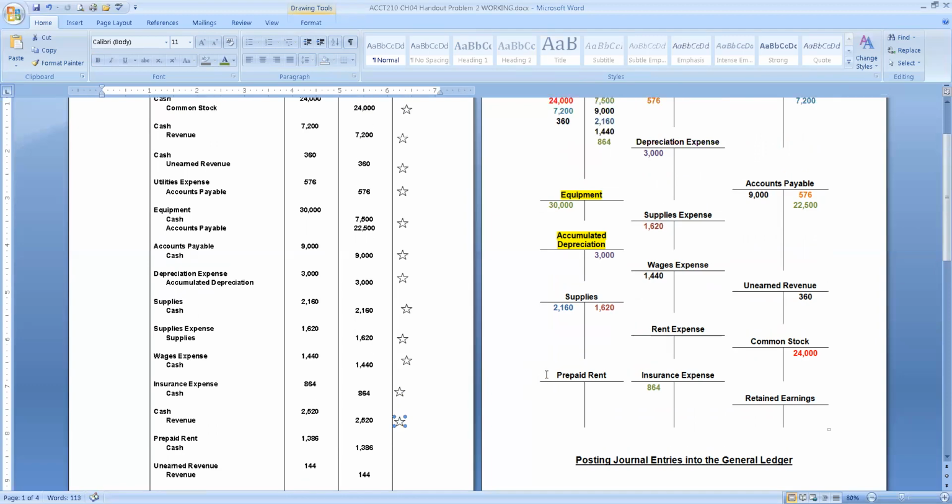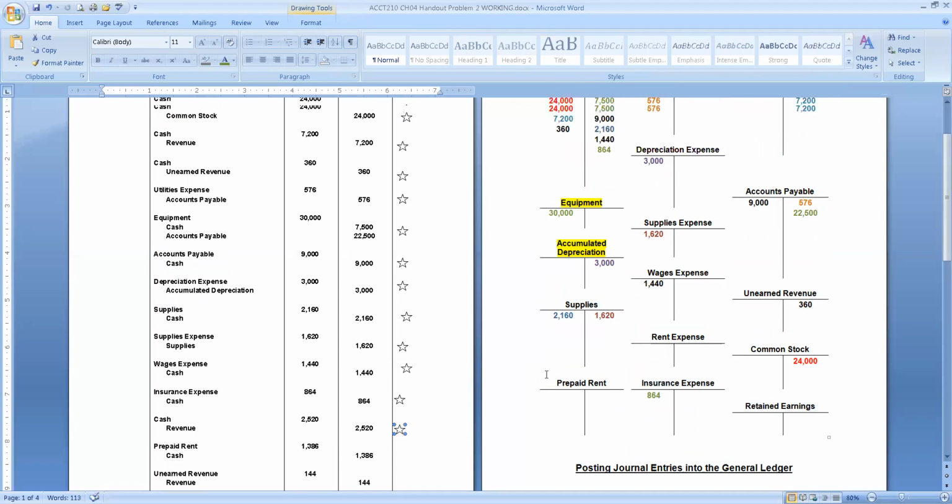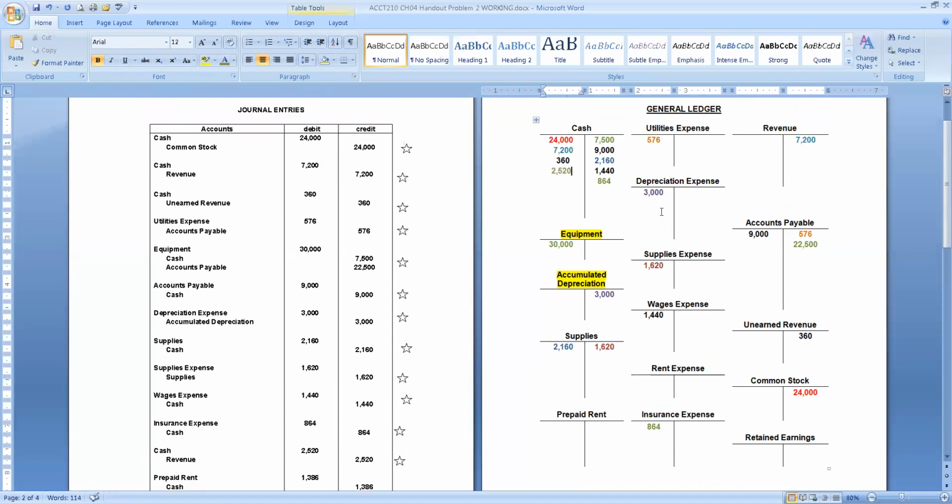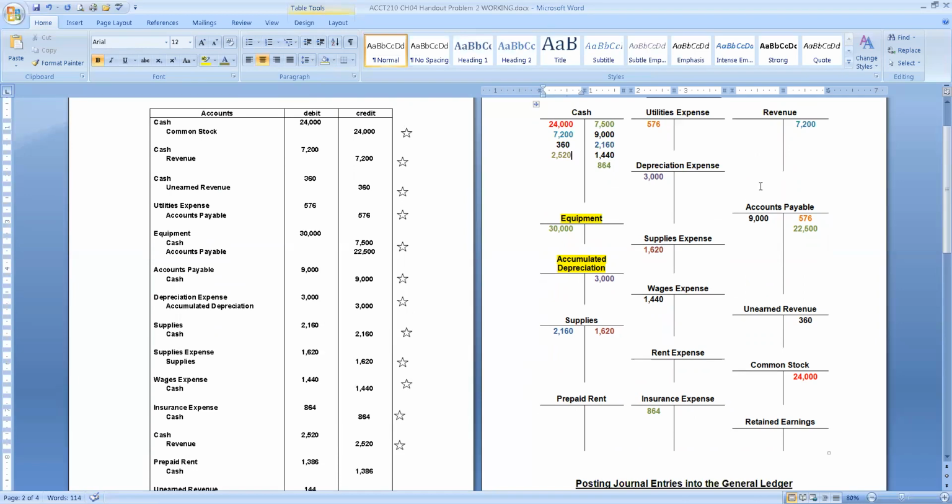So cash and revenue. So cash is 22,520. Revenue.